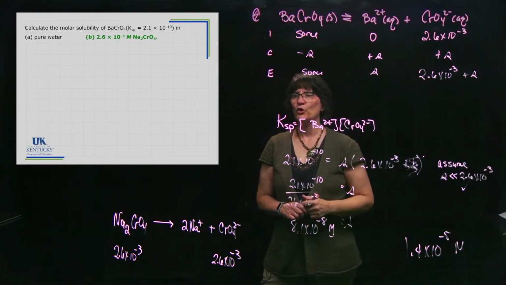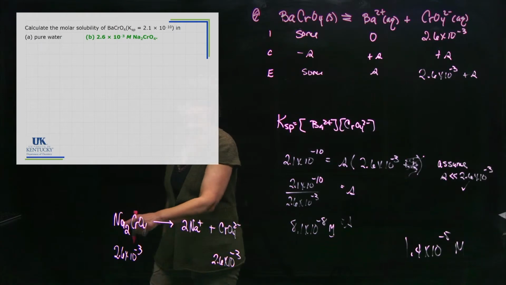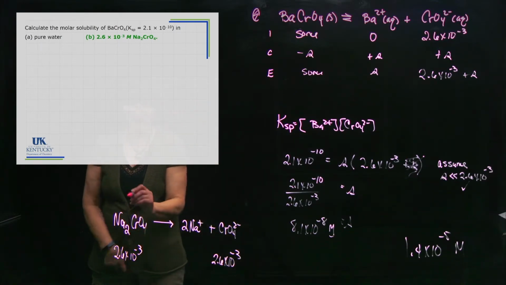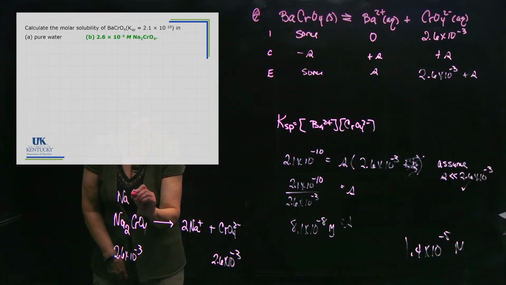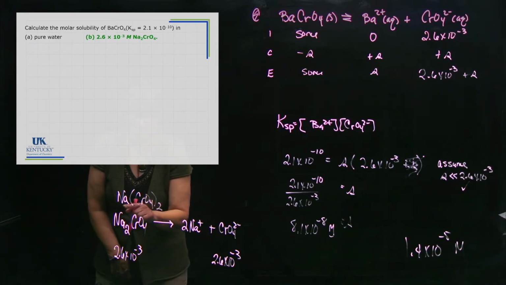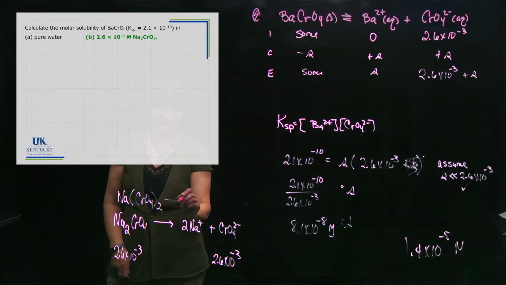Now we're going to do a little pretend, all right? We're going to pretend for just a moment that this is not the formula for sodium chromate. This is a wild thing to say because charges don't work out this way. But what if this was this instead? Okay? There were 2 chromates in this compound.